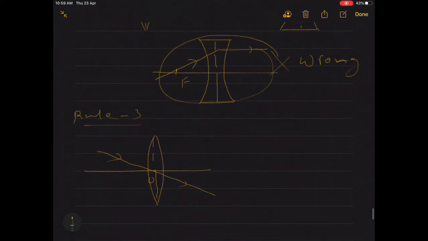This is going straight without any deviation. Similarly, if we take into consideration the concave lens, then you will see such a ray also goes straight without being refracted.